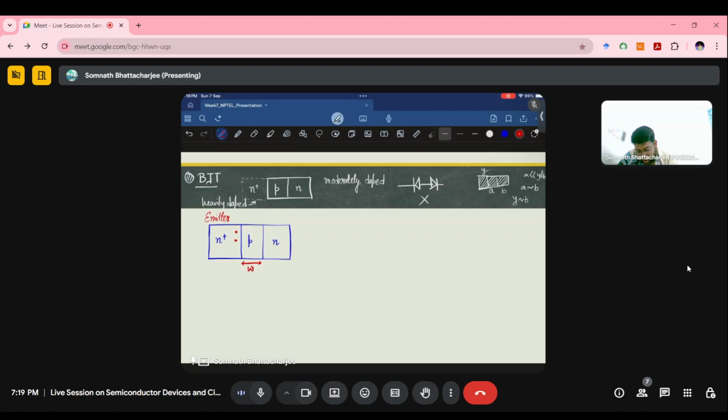So we are calling it the emitter. It has many more electrons than the other parts.